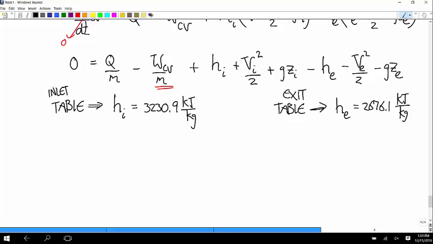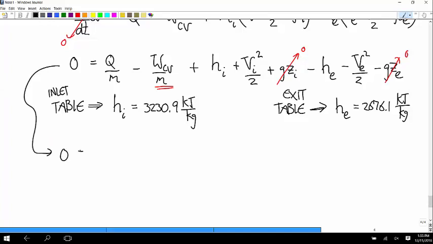We weren't told anything about the height. Let's say this thing is horizontal. That's usually a pretty small term anyways if you're dealing with gases, so let's just get rid of those. We're given speeds at the inlet and exit, so now we can just start filling this stuff in.